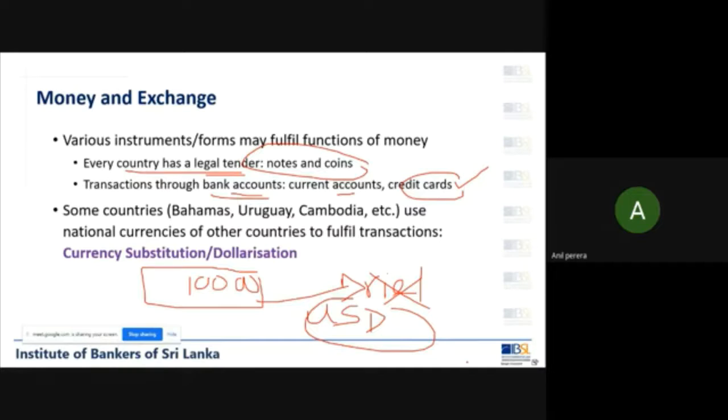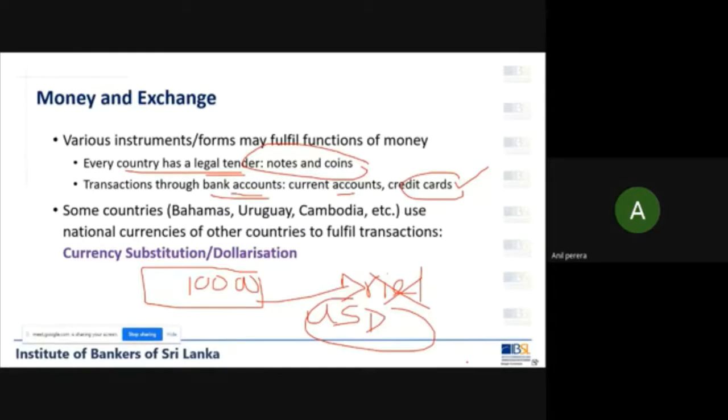And I think in Bhutan, they prefer to have Indian rupee for their transactions. Even though Bhutan has a currency, they still prefer Indian rupee because it's easy for their transactions, because the Bhutanese economy is mainly dependent on India. Their main production is hydropower, electricity, and that is basically sold to India. I think 90% of their GDP is coming from hydropower generation sold to India.